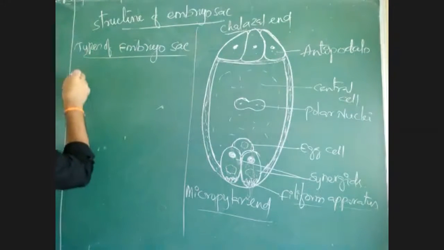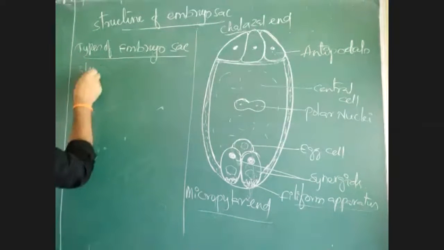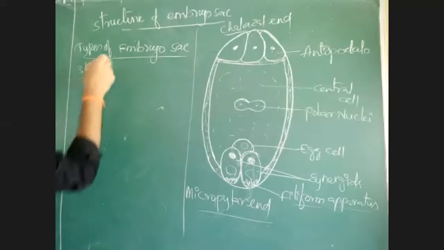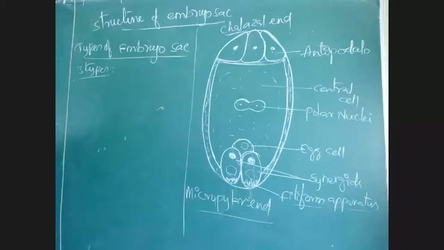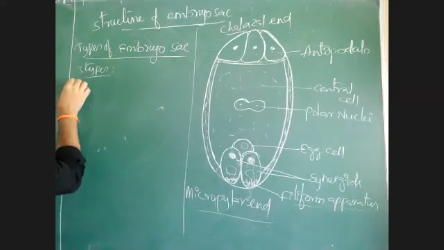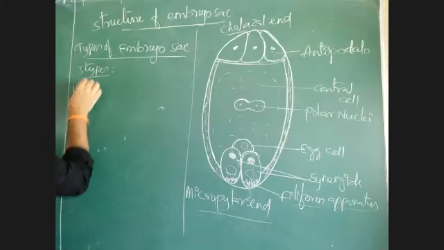See types of embryo sac. The embryo sac is of 3 types based on the megaspore involved during formation. I will tell you one by one.